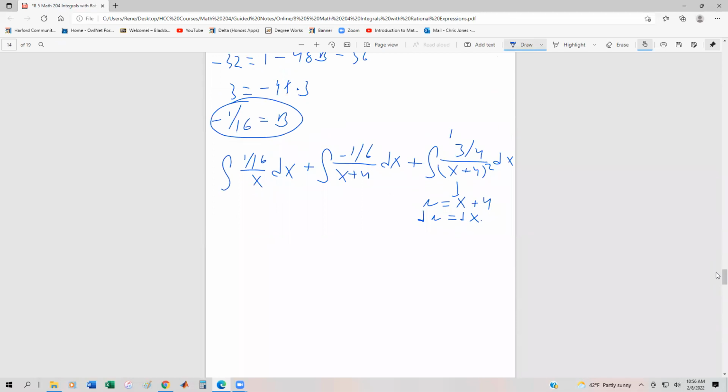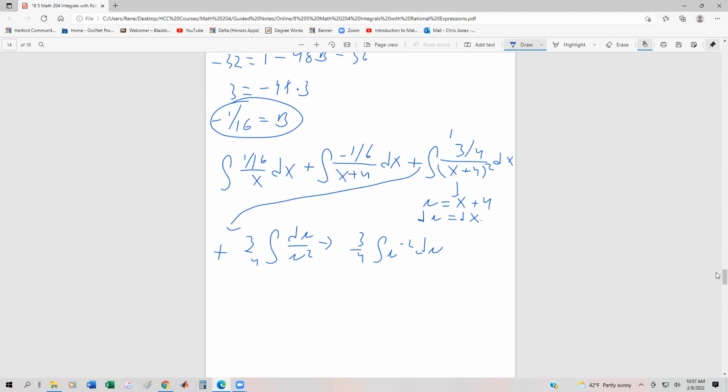That's going to lead me to the integral, and this is just coming over here in terms of u: 3/4 integral of du over u squared by substitution. I'm just going to turn this into a u to the minus 2. Now we can integrate all of the terms.